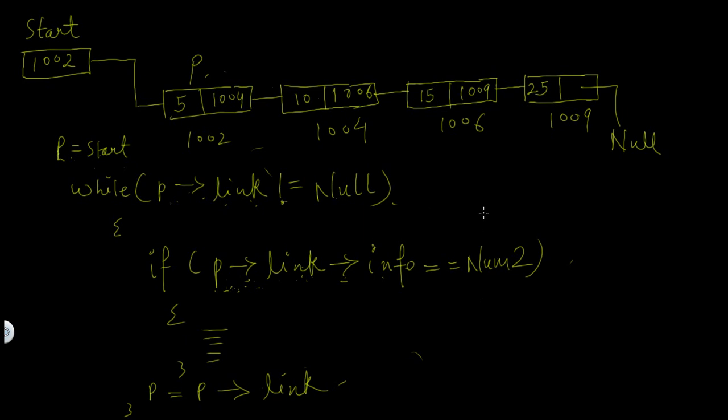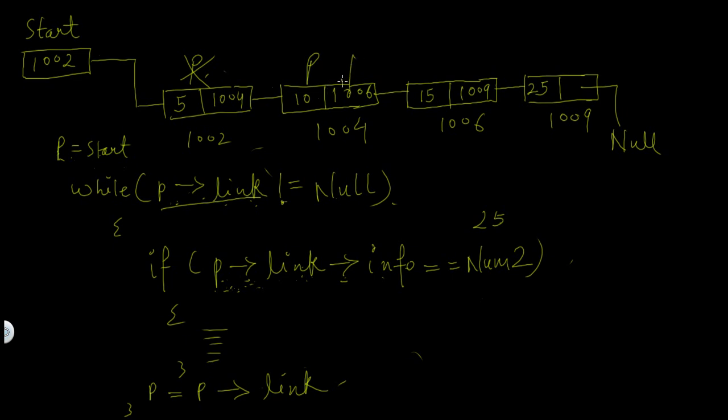Now the value of num2 is 25 entered by the user. So the info part of the next node, which is 10, is not equal to the number entered by the user. So this if condition is false, so the control will move to this statement and the address of the next node will be assigned to p. So p will now store the address of this node.